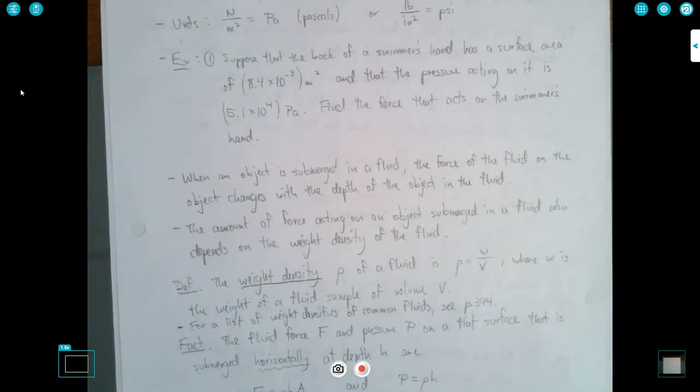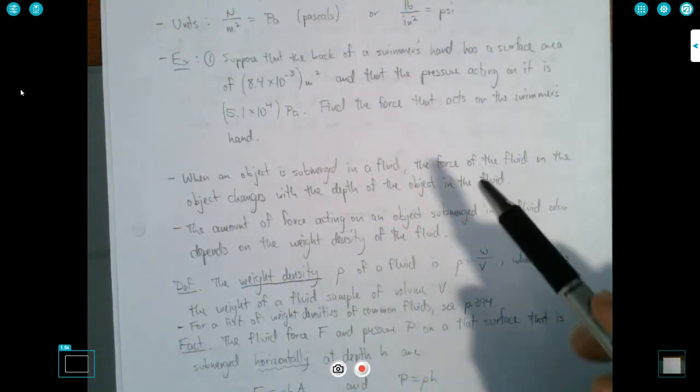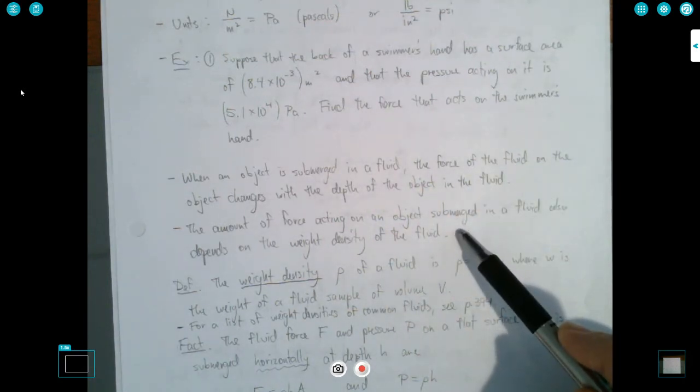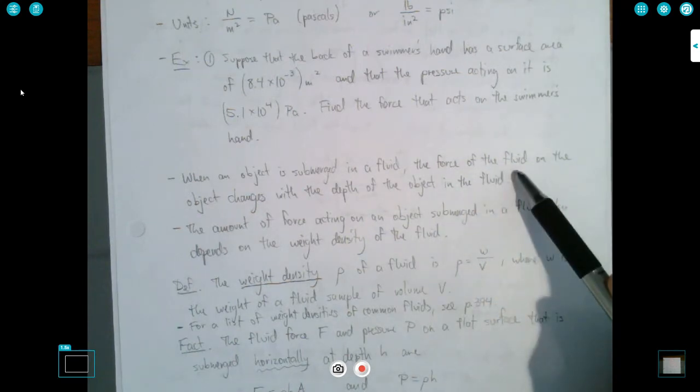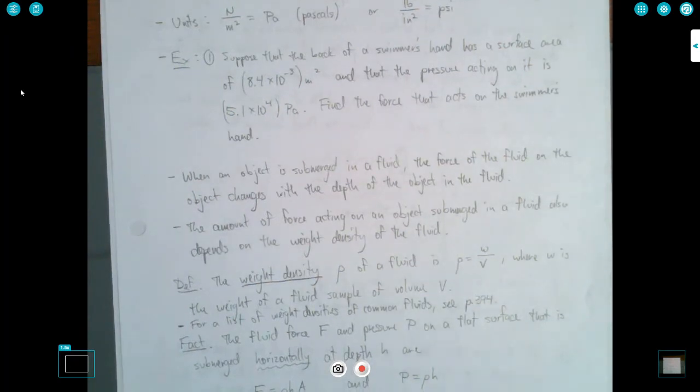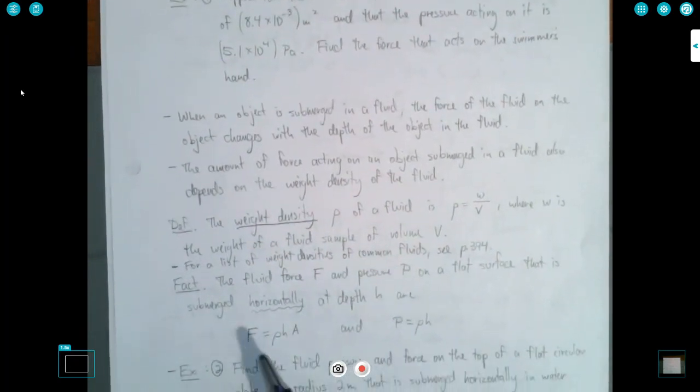Okay, so the depth of the object and the weight density of the fluid are going to affect how much pressure is acting on the object. With that in mind, we can give a formula for the force and the pressure acting on an object that's submerged in a fluid.